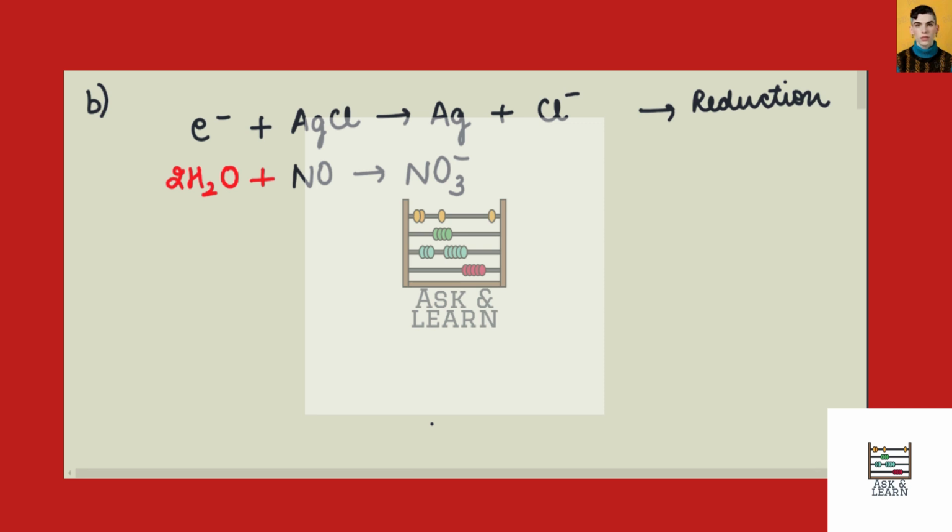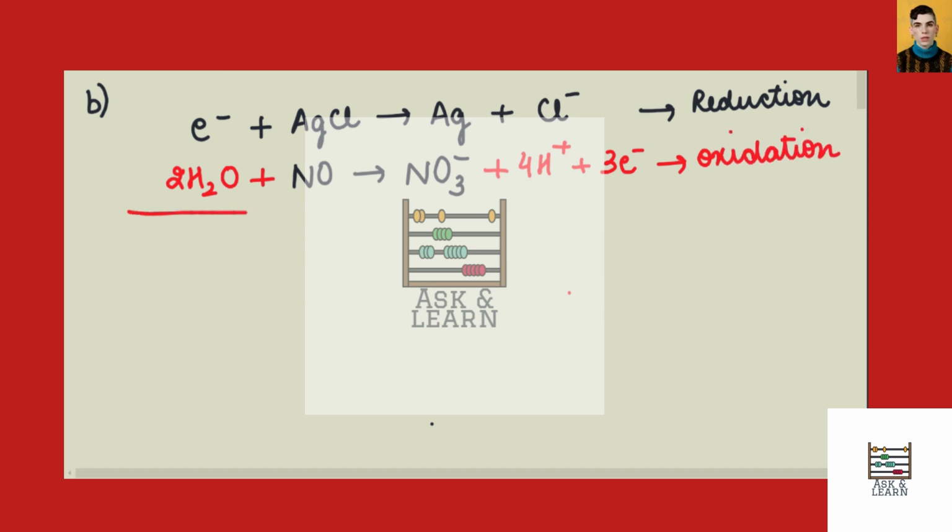And now we have four hydrogen atoms, so to balance that, we'll have 4 H+. And now the charge on the left hand side is 0, whereas on the right hand side it is 3 positive, so we balance it by adding 3 electrons. And since the reaction occurs via the loss of electrons, it's the oxidation reaction.